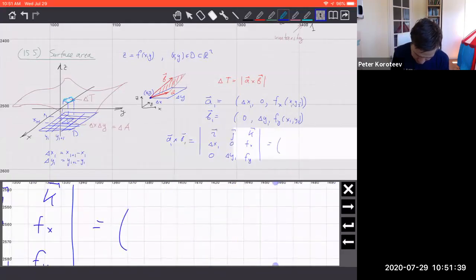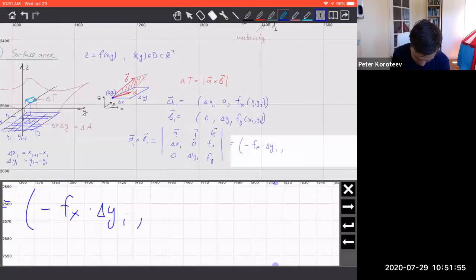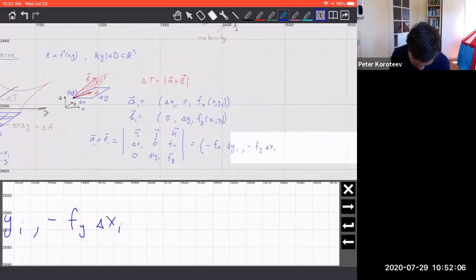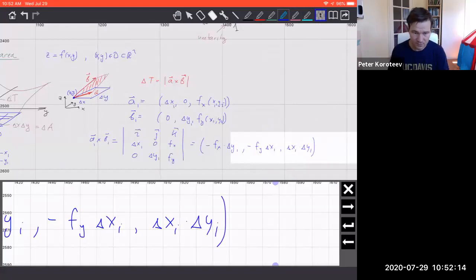So for i, we'll have minus f_x delta y. For j, we'll have minus f_y delta x. And for k, we'll have delta x_i times delta y_i. These are the components of the vector.